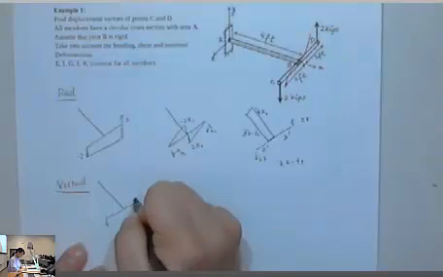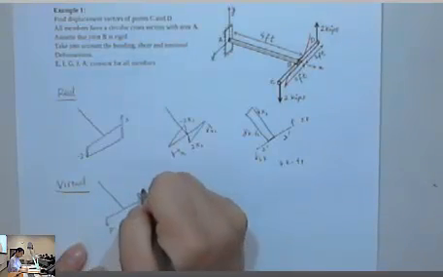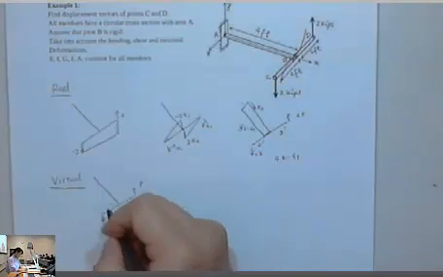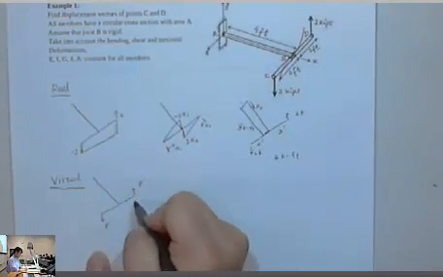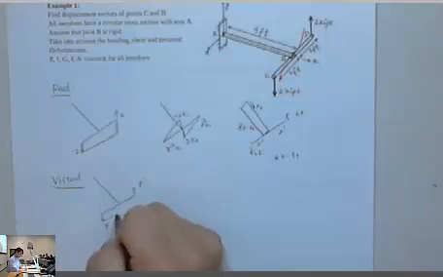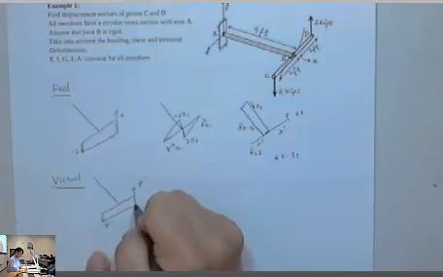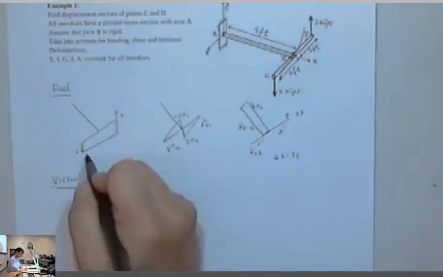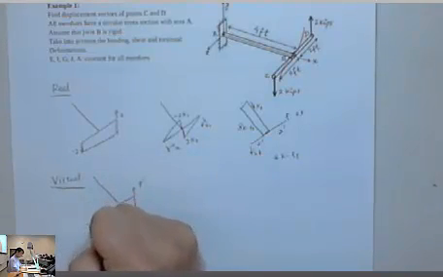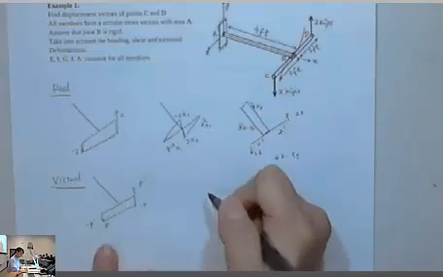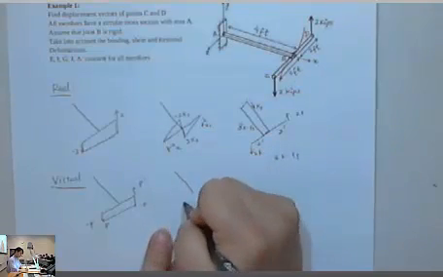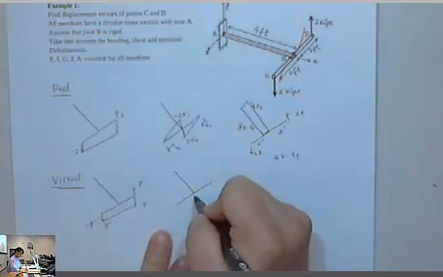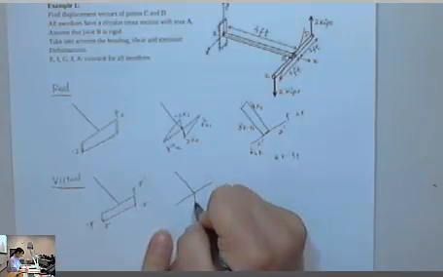That's right. P prime here and P prime here. And the shear force will be the same. It will look the same as the real part, minus P here, minus P prime here. And then the moment diagram is the same as well.